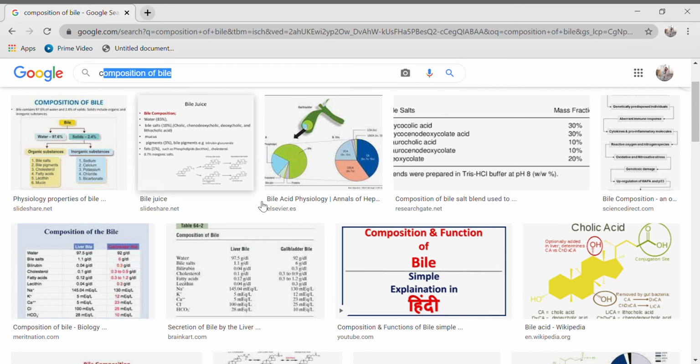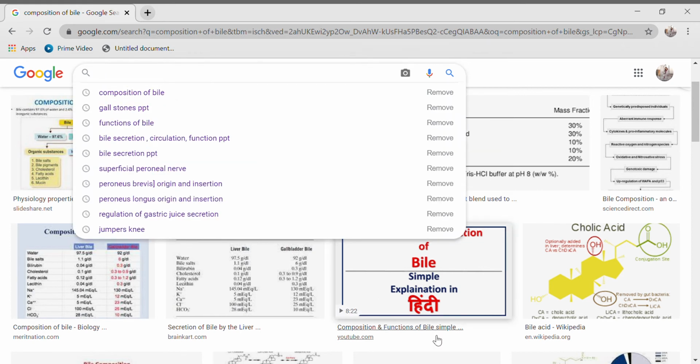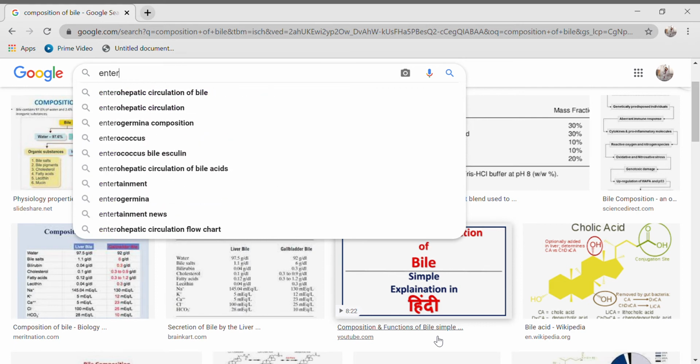Okay. And the next, I told you about the functions of bile also. Next you have the enterohepatic circulation.